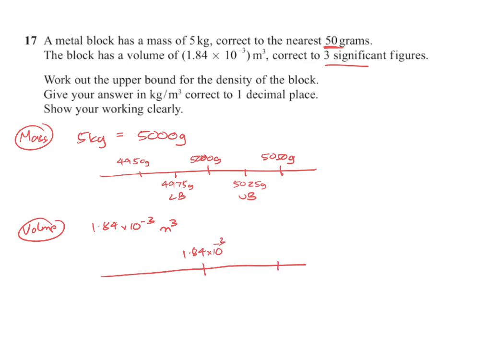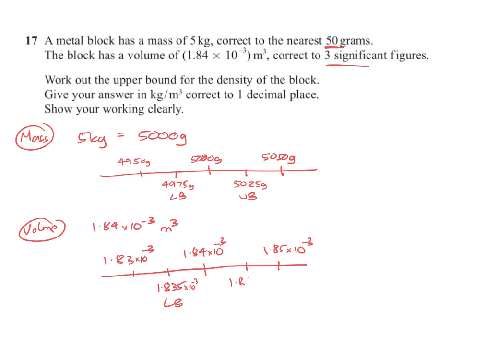The one above it would be a number that is to 3 significant figures, but the next one along, so it's 1.85 times 10 to the minus 3, and the one below will be 1.83 times 10 to the minus 3. Now the lower bound is halfway between the first two, so it goes to an extra significant figure, 1.835 times 10 to the minus 3. That's the lower bound, and then the upper bound is between the top two numbers there, so it's going to be 1.845 times 10 to the minus 3. These are all meters cubed, and that's my upper bound.